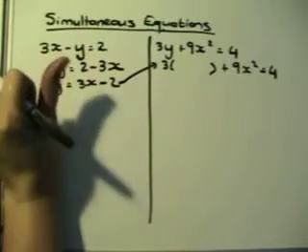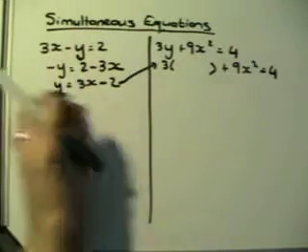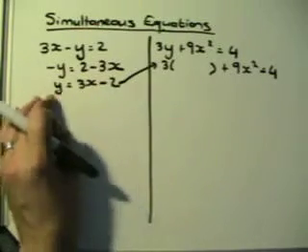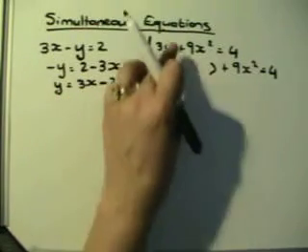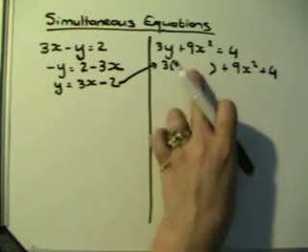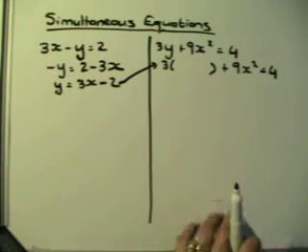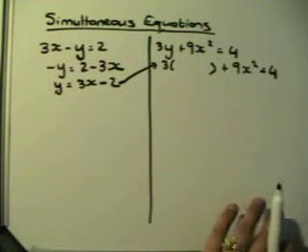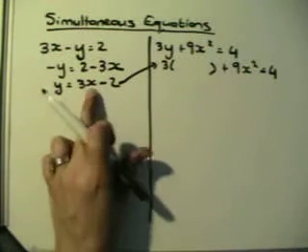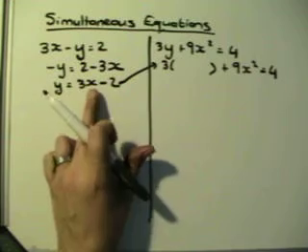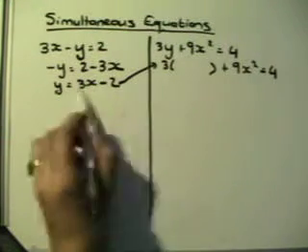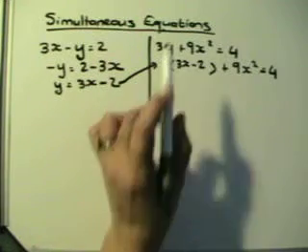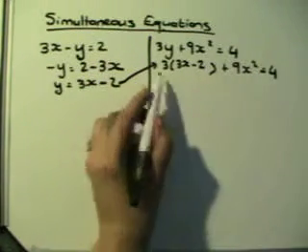First get x or y alone on this side, then you substitute it on the other side, and then I simplify here until I get an answer or two answers for that matter, and that I substitute back into this x value.